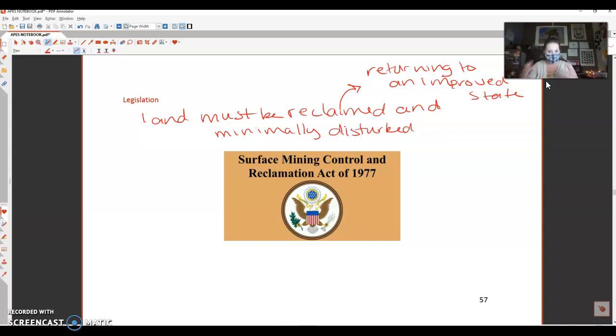So mining in general is really expensive, and a lot of mining companies will just leave and abandon it. And it's hard to enforce that when you don't have a very large organization within the EPA that controls this. And the EPA only employs like 2 people for the entire nation to monitor this stuff. So it's basically an impossible task.